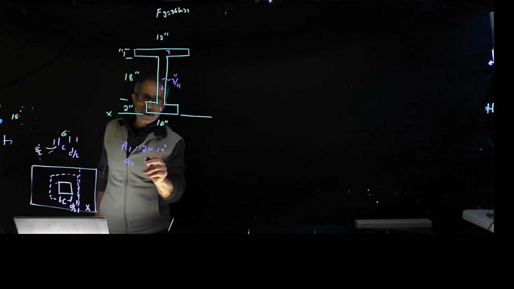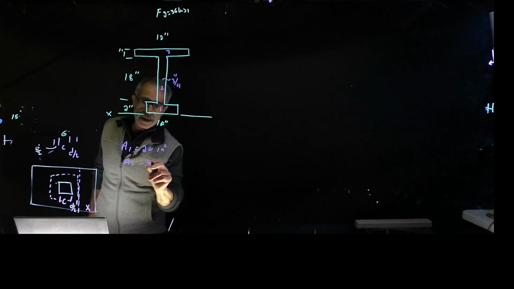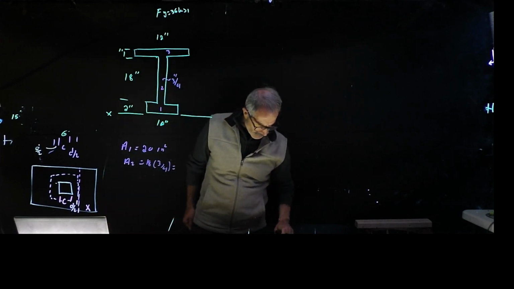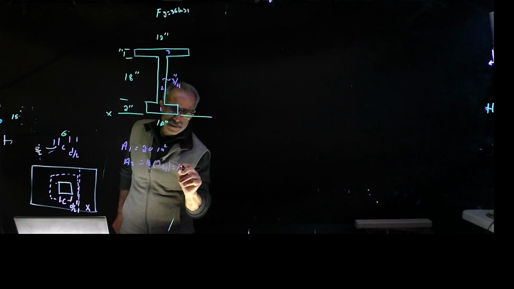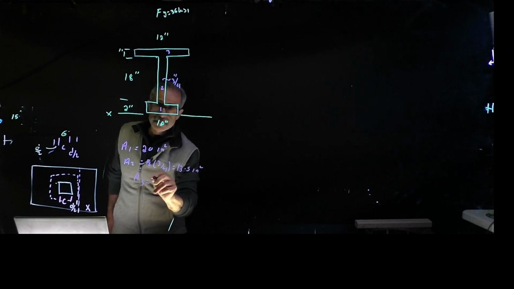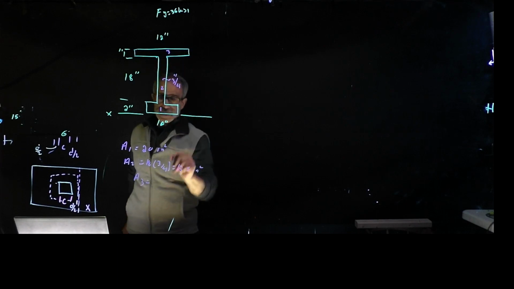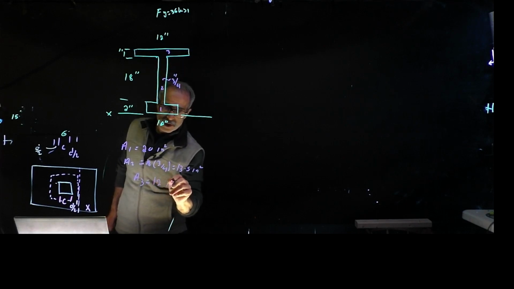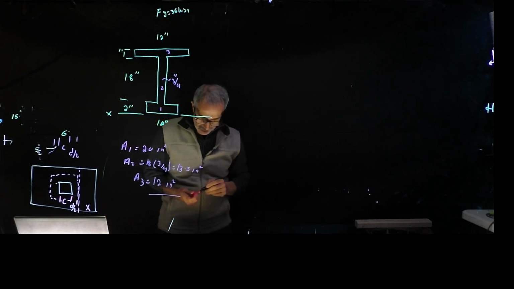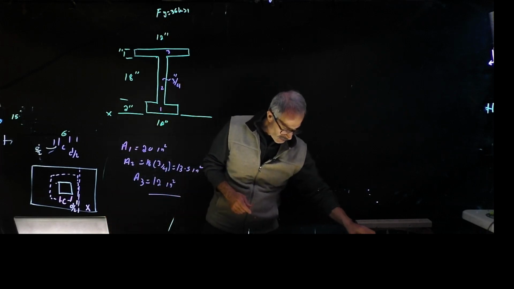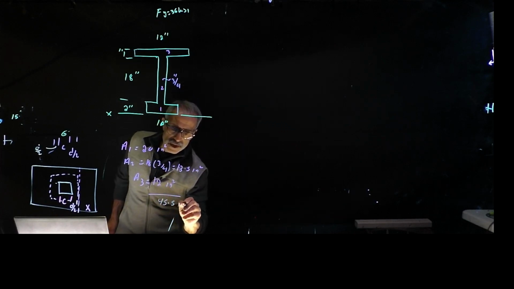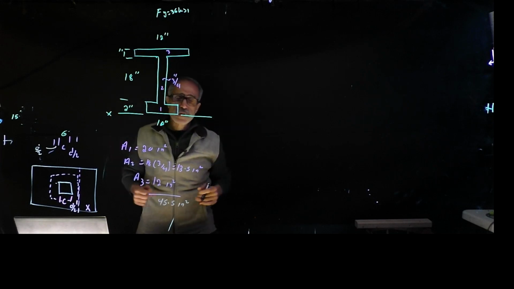So it's 18 times 3/4 inch, which is 13.5 square inches. And A3 is 12 times 1, 12 square inches. So now we have all three areas. If we add all three areas up, we get 45.5 square inches. So the total area is 45.5 square inches.